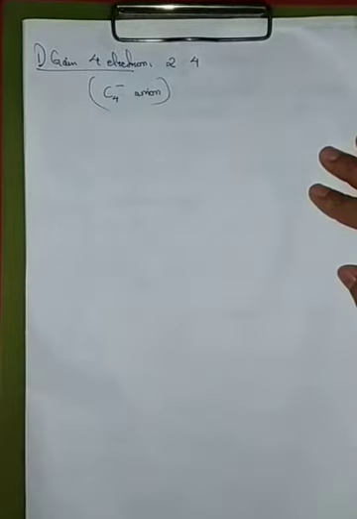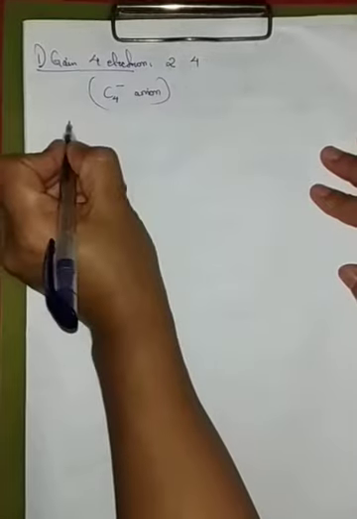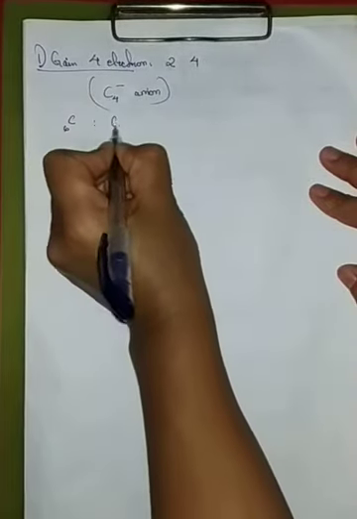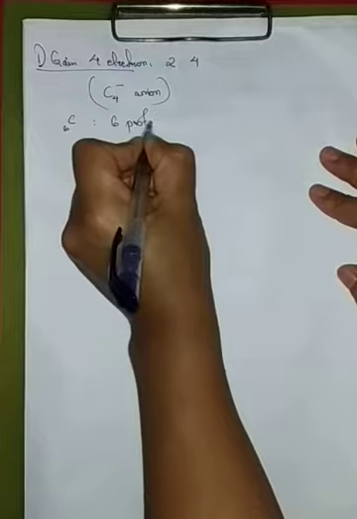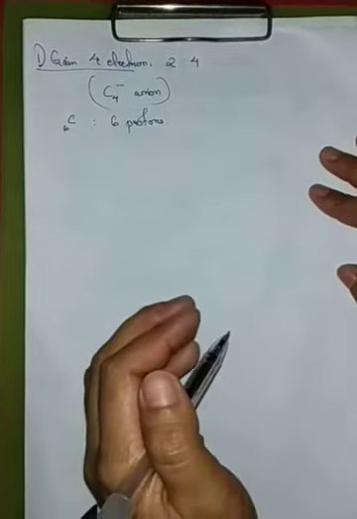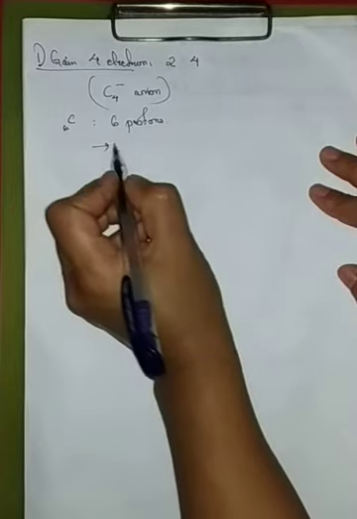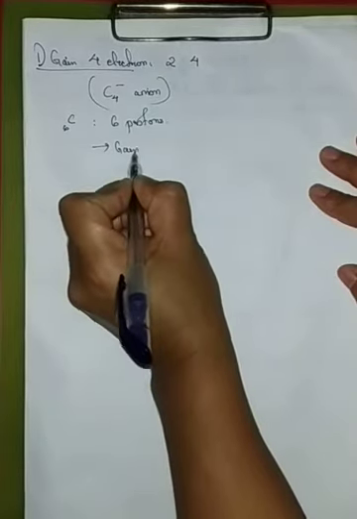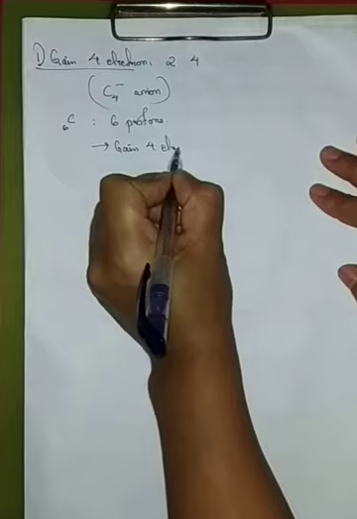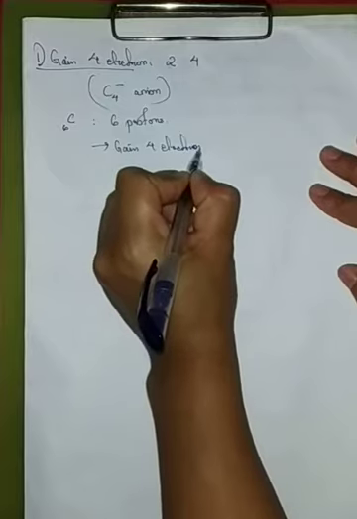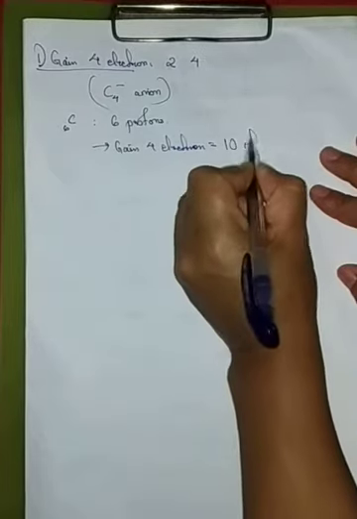However, the carbon atom would require a huge amount of energy, and it would be difficult for the nucleus, since it has only 6 protons. If it gains 4 electrons, the total number of electrons becomes 10.